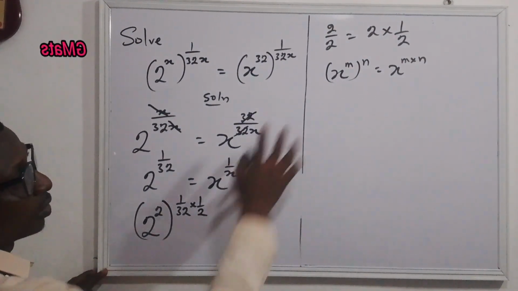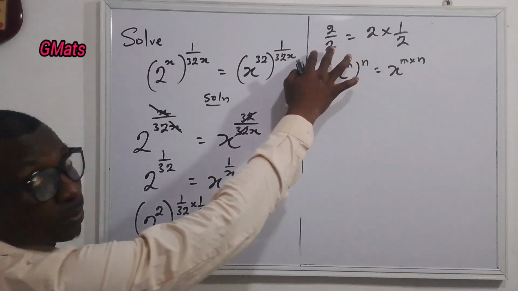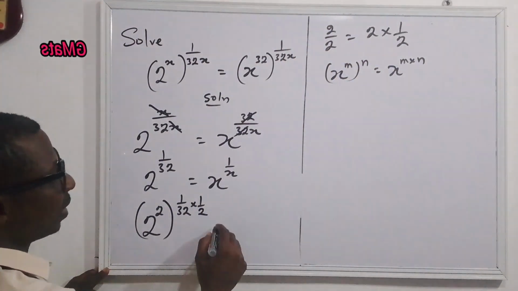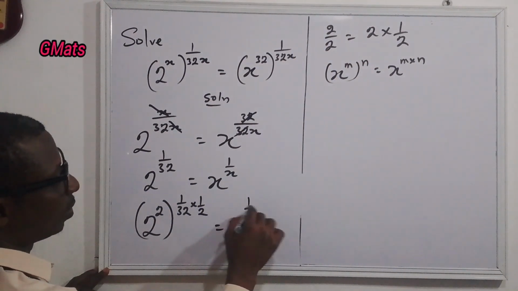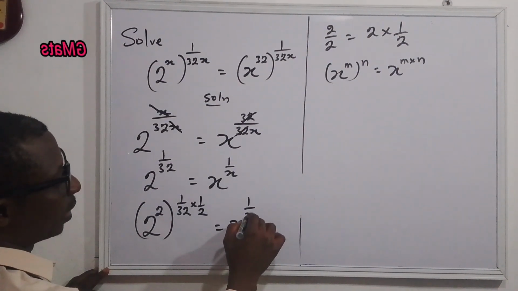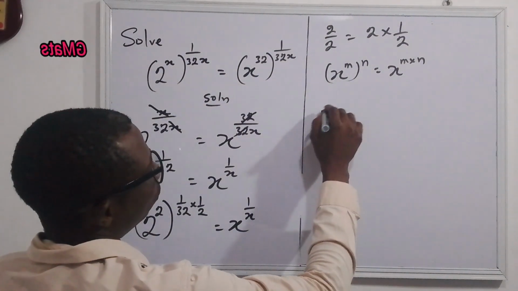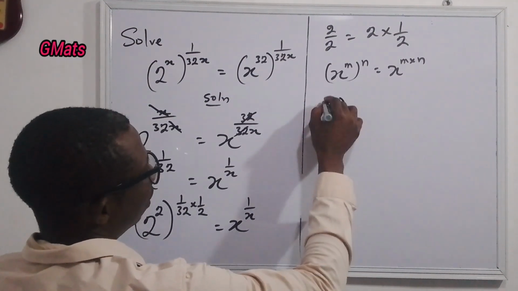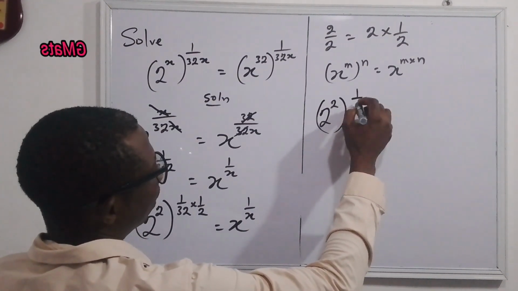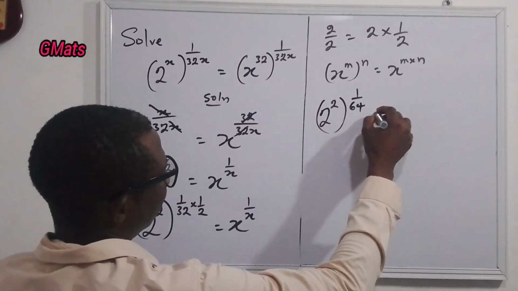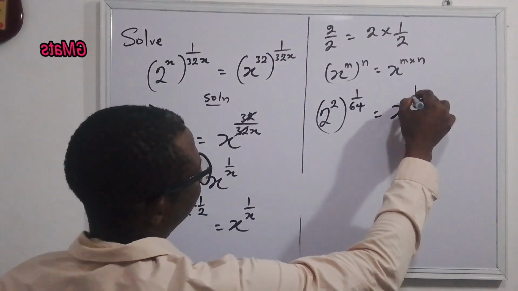I've split this 2 over 2, which is the same thing as 1. So we have 2 raised to the power of 2 raised to the power of 1 over 64 equals x raised to the power of 1 over x.